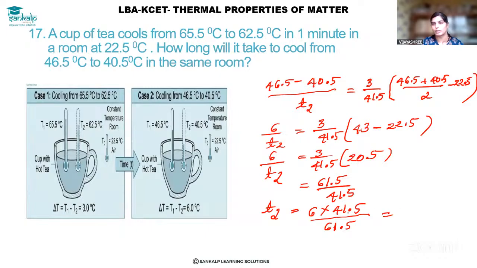What is 6 into 41.5? 6 fives are 30, 0 carry 3; 6 ones are 6, plus 3 is 9; then 6 fours are 24. So 24, right?